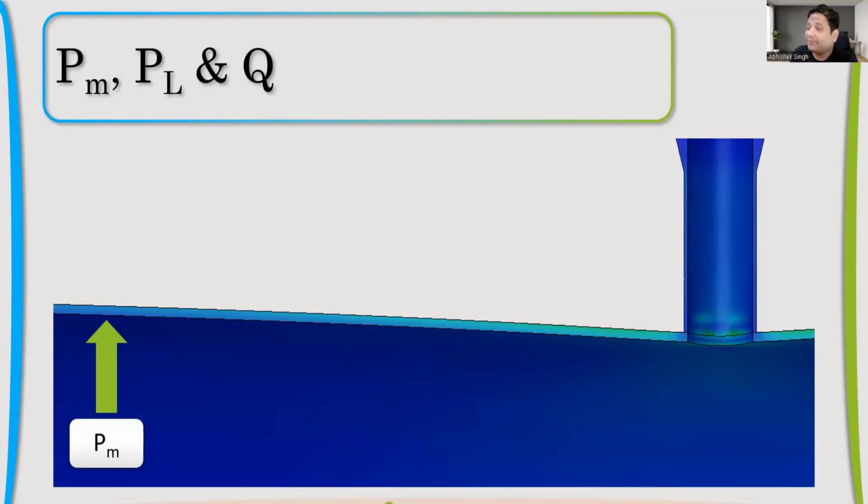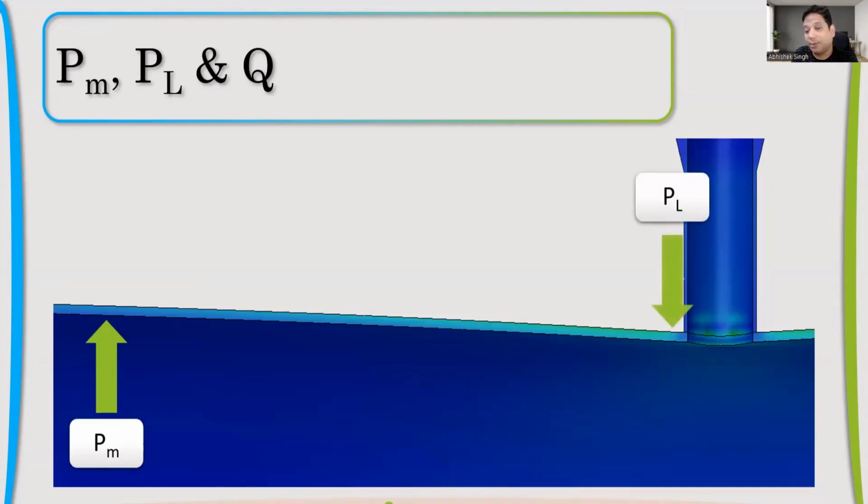Because of pressure in one direction, you will have very uniform stresses. And the point we are taking is away from discontinuity. If you remember the cylindrical stress we calculated for circumferential and longitudinal, there was no nozzle, no local variation. It's very far away from any discontinuity. So the stress you get because of pressure, that is PM.